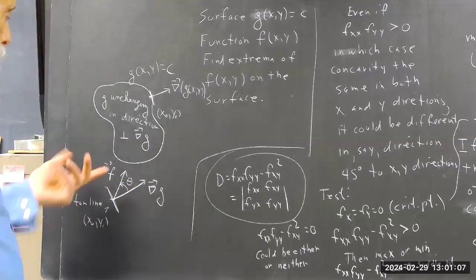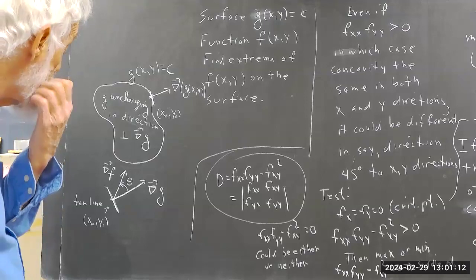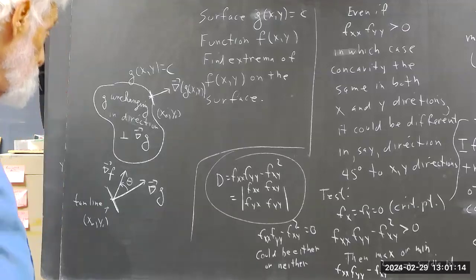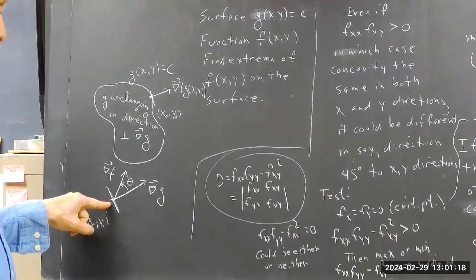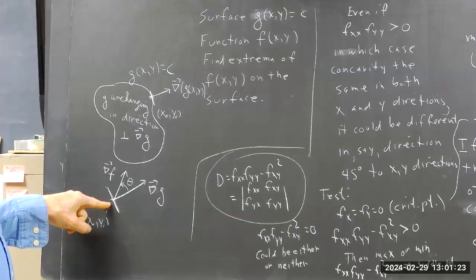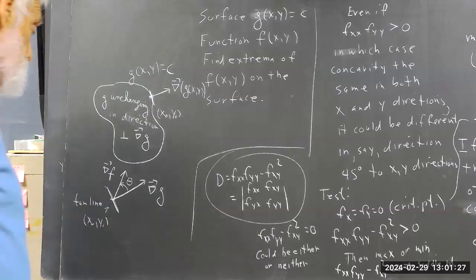We're going to postulate the angle theta between the gradient of g and the gradient of f. I claim that this can't be the point where f is maximum.